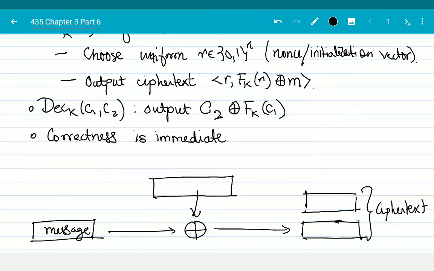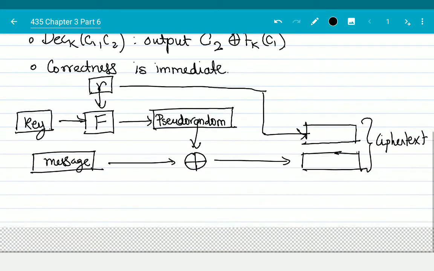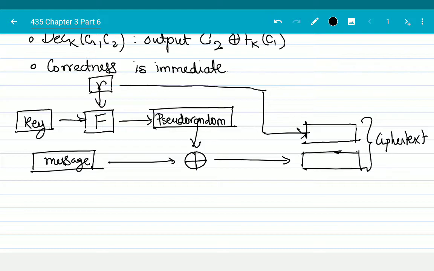It is encrypted using a pseudo-random function. The pseudo-random function takes the r, which we are sending here, and the key determines the function's key to give the pseudo-random function f_k that we'll be using. This is just a diagram to give you a picture of what is happening.